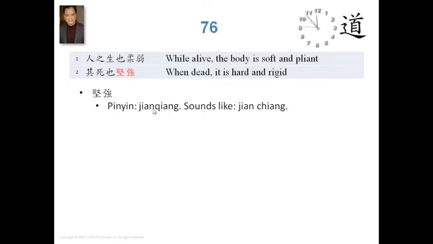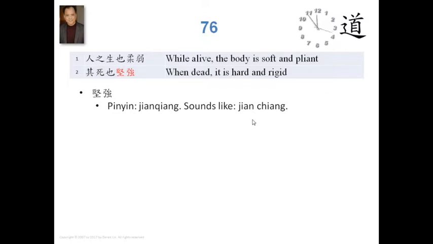Because the rule in pinyin is that you have to join the two syllables together as one word, which is, by the way, not a real smart rule because it causes a lot of confusion. And then you have the Q in there, which a lot of people will be puzzled as to how to sound. So if you were to make an attempt, you might say jiang qian, and that would be very far off.